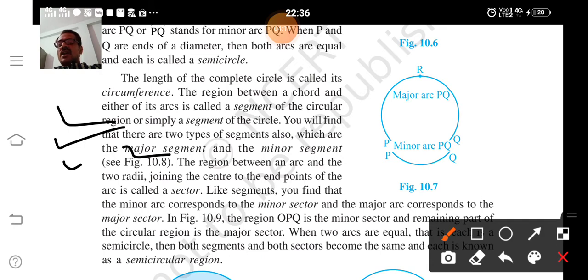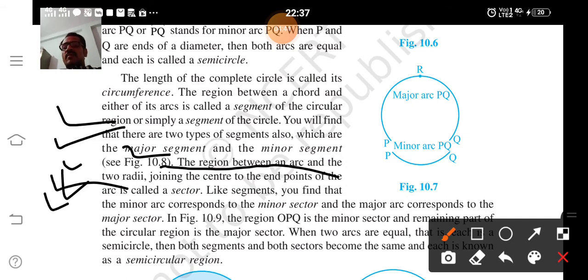The region between an arc and the two radii joining the center to the end points of the arc is called a sector. Like segment, this is another definition that you have to copy in your book. Like segment, you find that the minor arc corresponds to the minor sector and the major arc corresponds to the major sector.